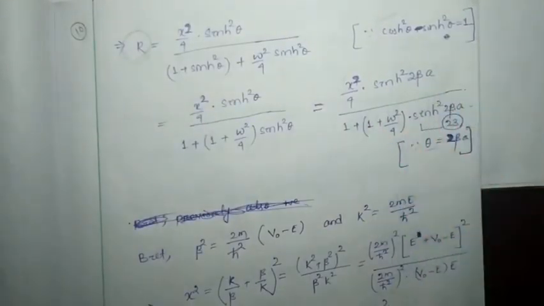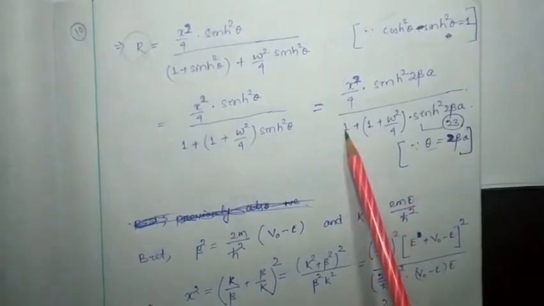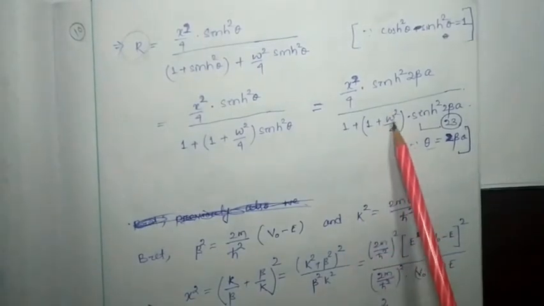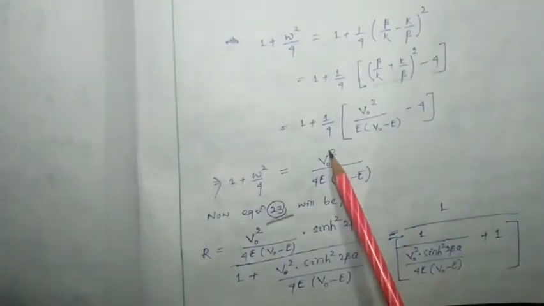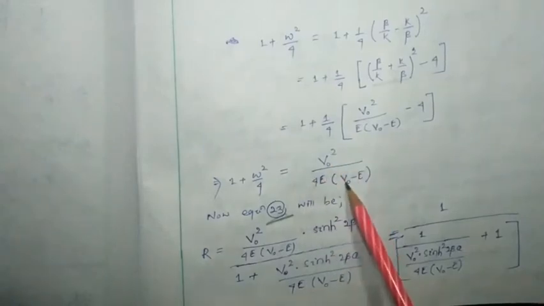Okay, now the denominator part is 1 plus omega square by 4. What did we get? v0 square by 4e into (v0 minus e).